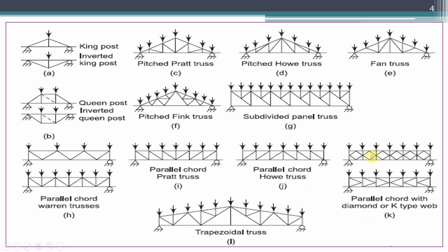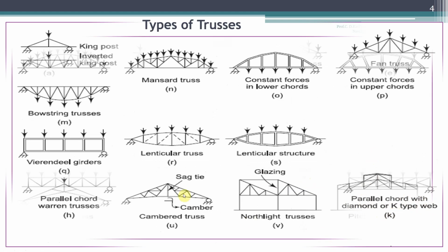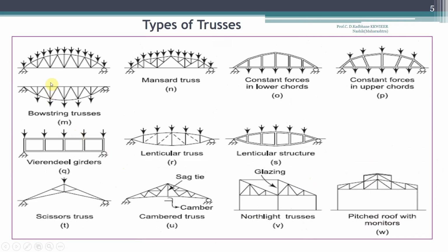These are diamond and K-type web, and this is a trapezoidal truss. Similarly, there are different types of trusses in the shape of bowstring trusses, mansard truss, then this is a Vierendeel girder, then this is a scissors truss, then this is a cambered truss.